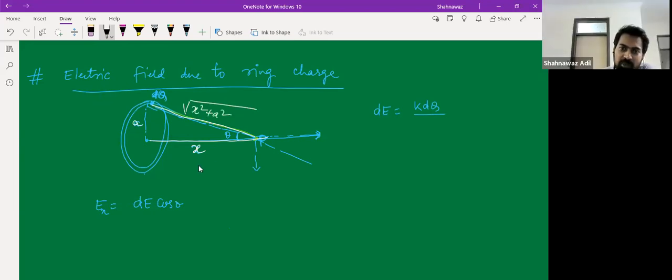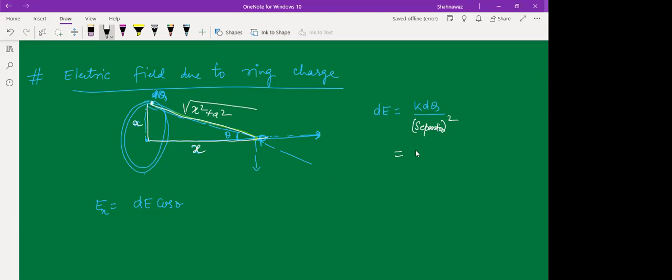So this is the separation. Faiza, what is the electric field due to this separation? Let's say this is some point charge, so here this would be separation squared, right? You can write it in chat.